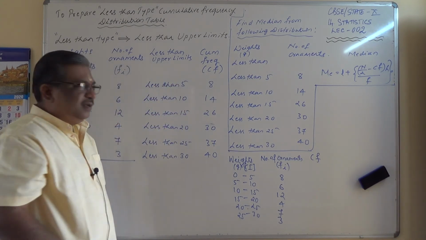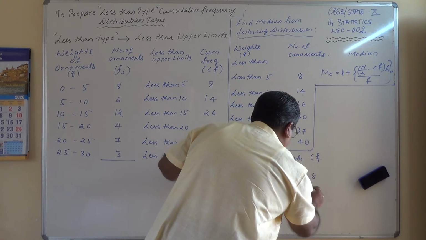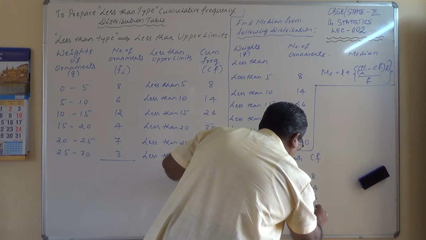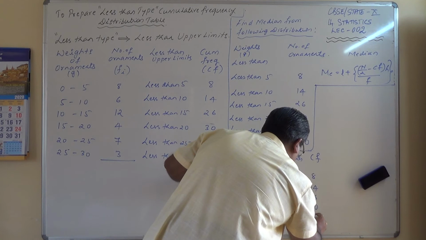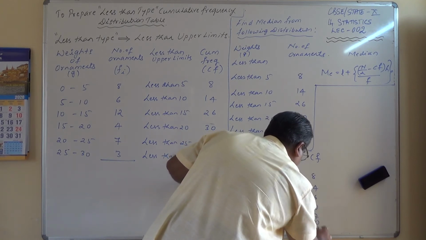Isn't it? So now cumulative frequency, this is as it is 8 here, 8 plus 6, 14, 14 plus this 26, and this is 30, 30 plus 7, 37 plus 3, 40.